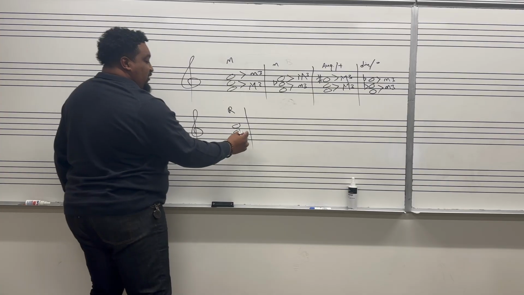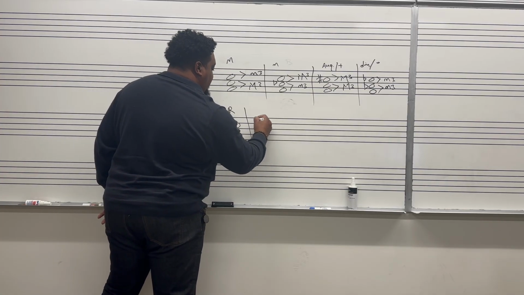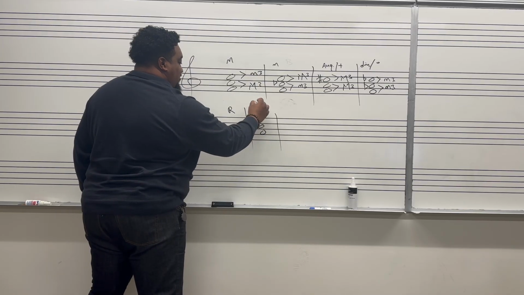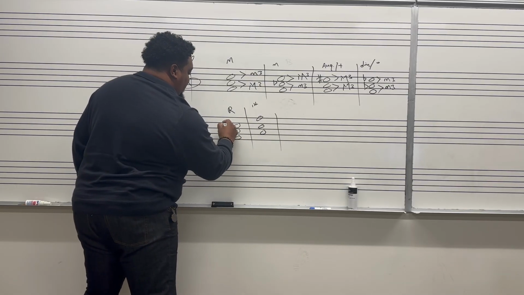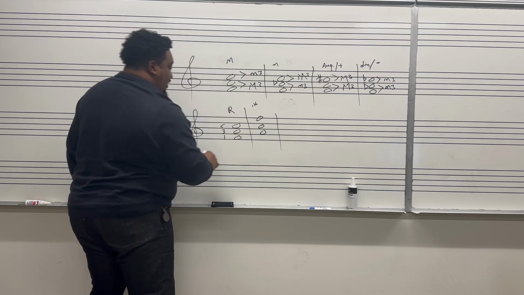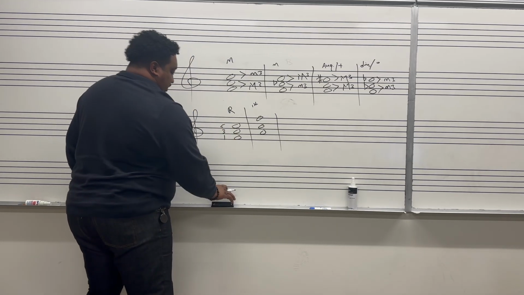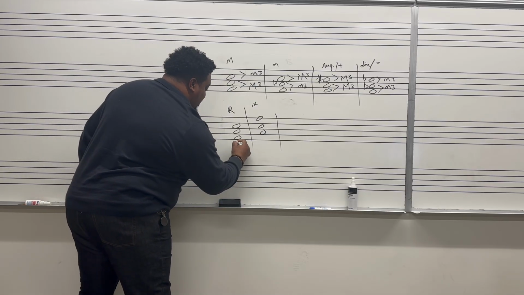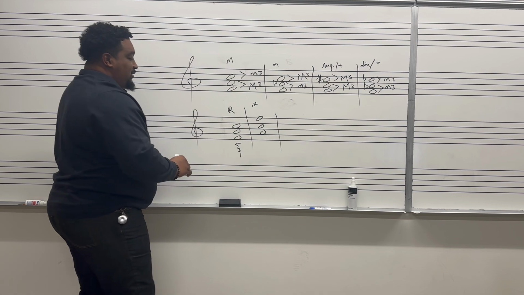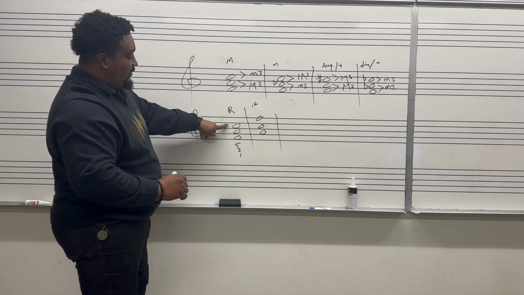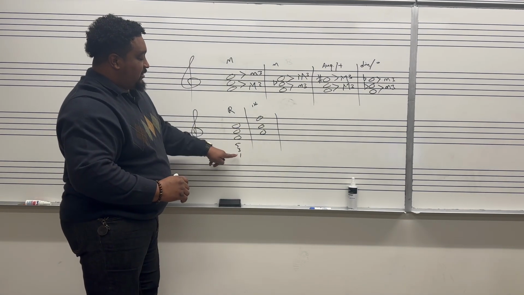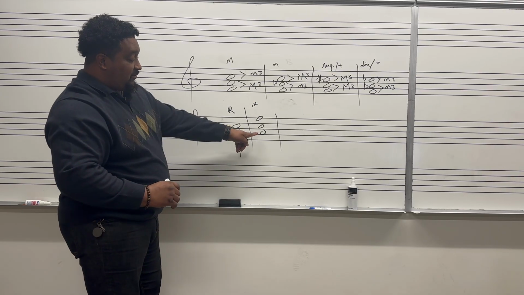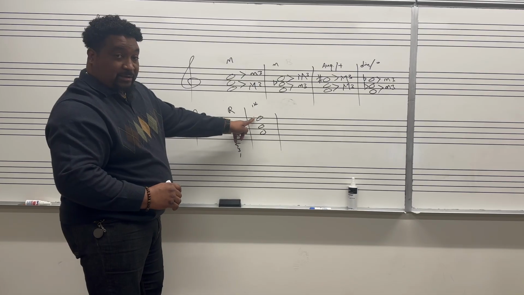If I throw the F up top, then this becomes a first inversion. Actually, let me write it under. So root position is usually 1, 3, 5. So I go 1 here, the third, the fifth. And what we have done here is put the 1 up top, so that becomes a first inversion.